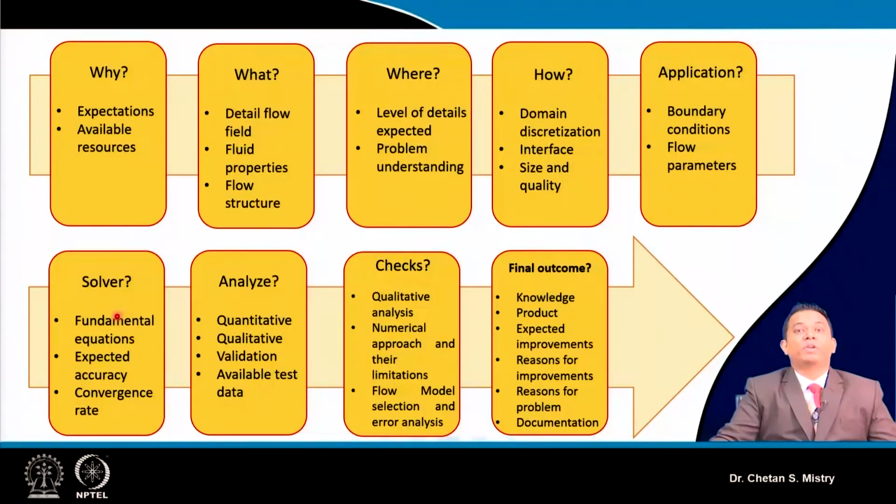So we need to be limited. Suppose if we are limited with the computational resources, under that condition we will be going with a solver with some low configuration. If we are having a very good computational facility, we will be going with solvers of high configuration. So selection of the solver also is very important.